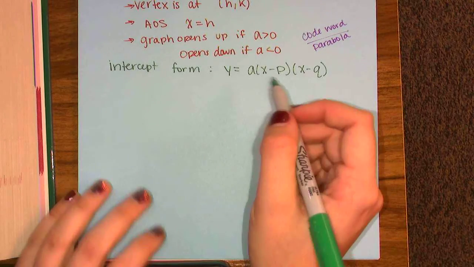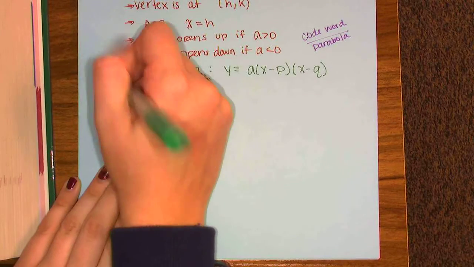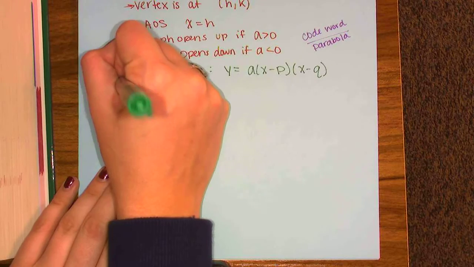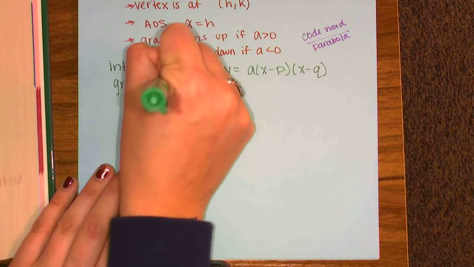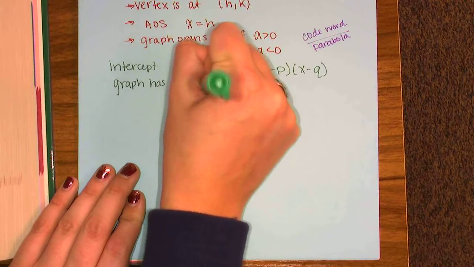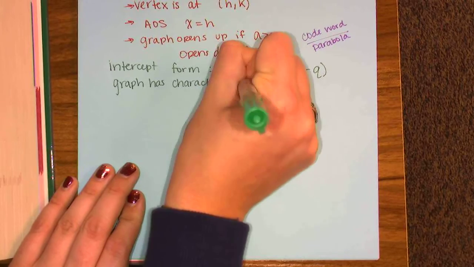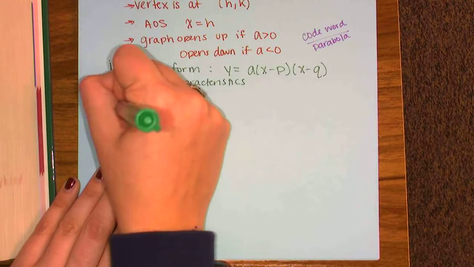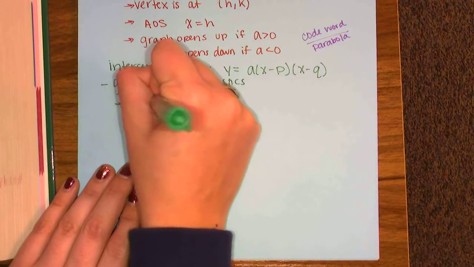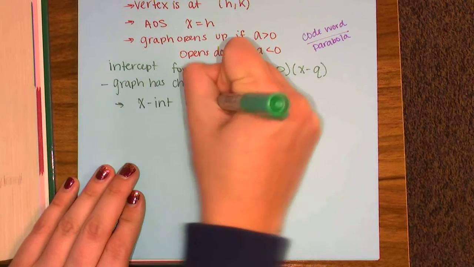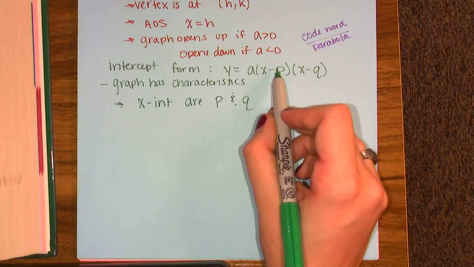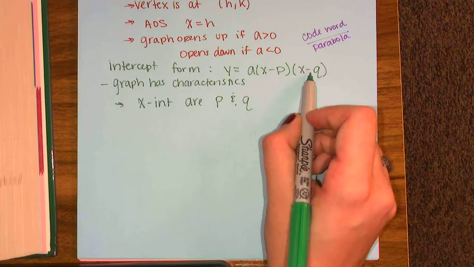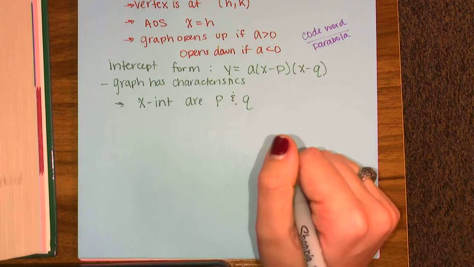Alright, so the graph of intercept form has these characteristics. The x-intercepts are p and q, without their signs. So if these values here were positive, p and q would be negative.